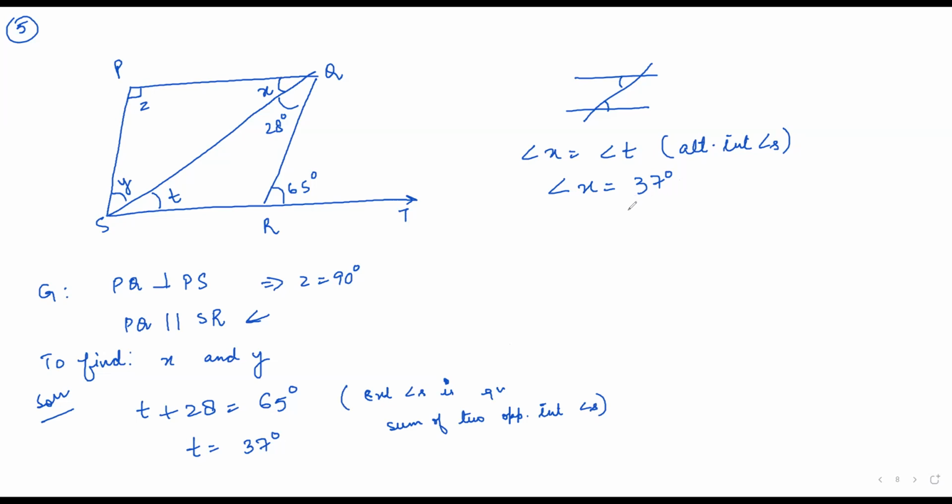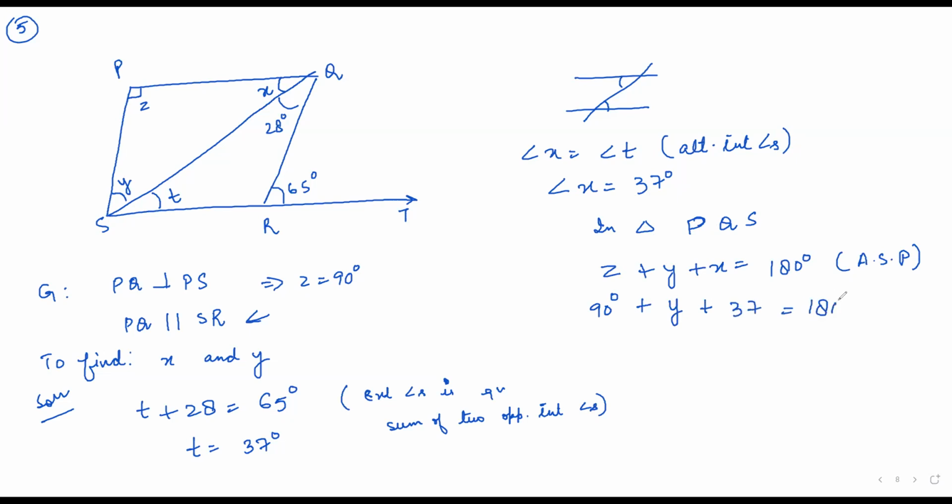Now come to this triangle PQS. In triangle PQS, the sum Z plus Y plus X should be 180 degrees. Angle sum property: the sum of all the angles is 180. Now angle Z is 90 degrees, and angle Y I want to find. Angle X is 37.